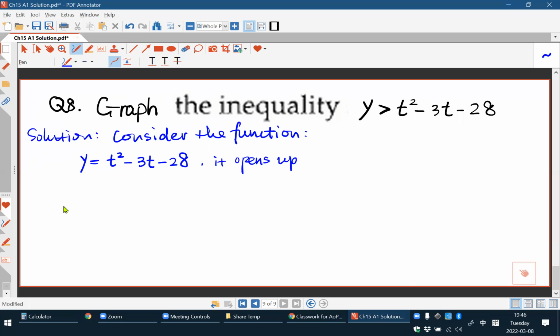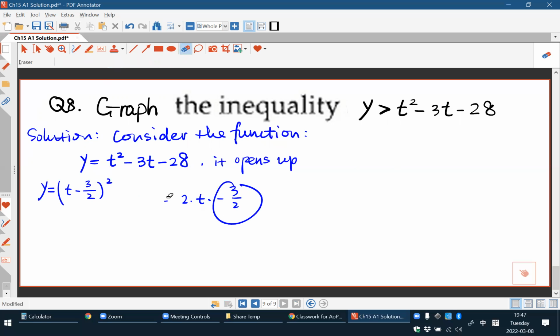Next, in order to better sketch it, we need to find its vertex, right? So note here, we already have t squared, so negative 3t can be factored to 2 times t times negative 3/2, right? So this is the number we're looking for. So we can try using t minus 3/2 squared, right?